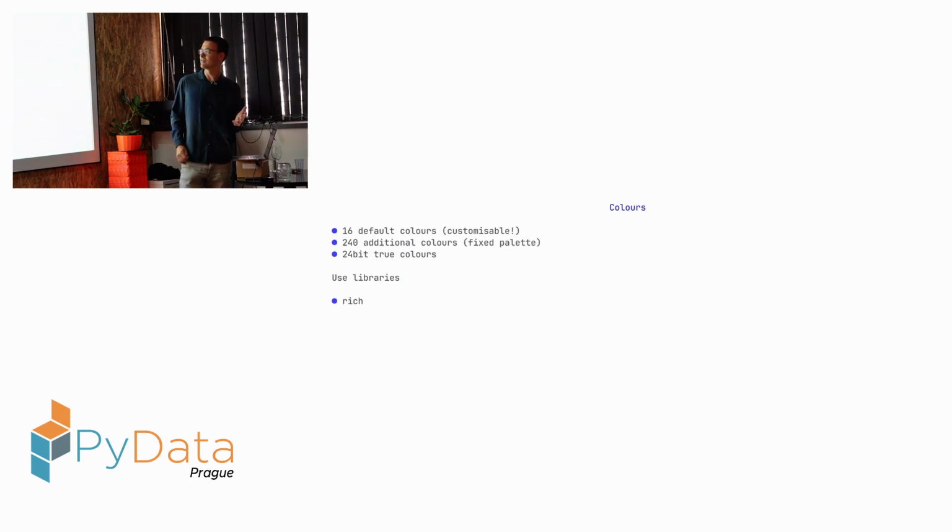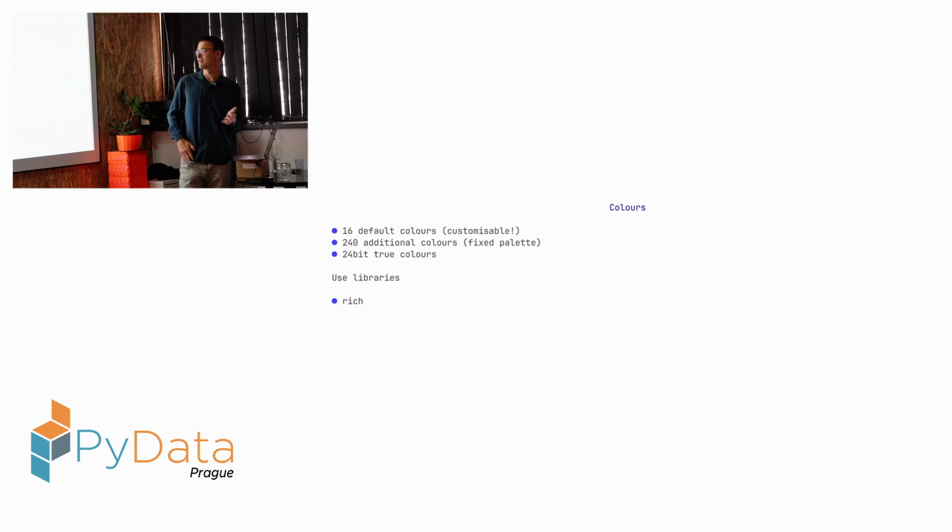But by default, it has 16 defined colors that you can customize yourself by setting those different profiles in your terminal. Then there are 240 additional colors that span most of the RGB space, but only 240 of them that the terminal can directly print. This is a fixed palette.